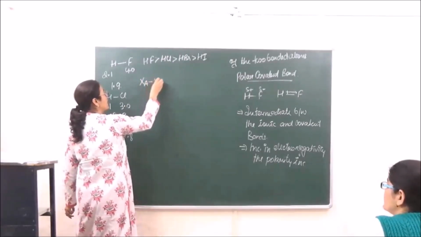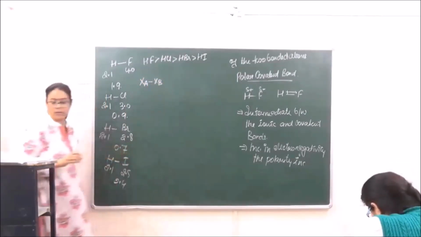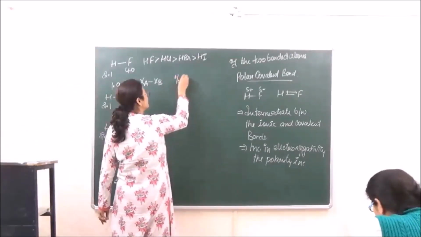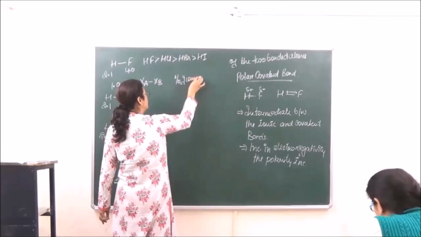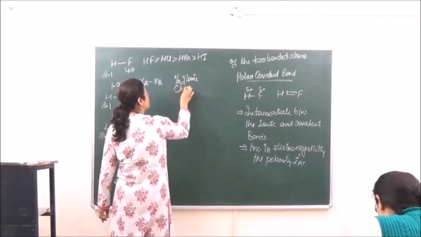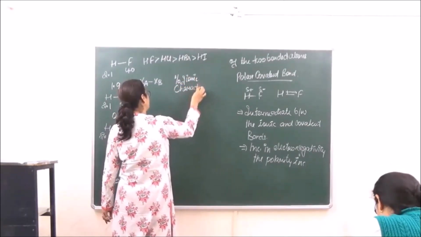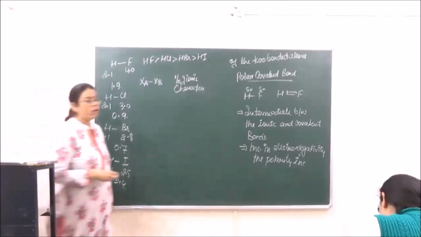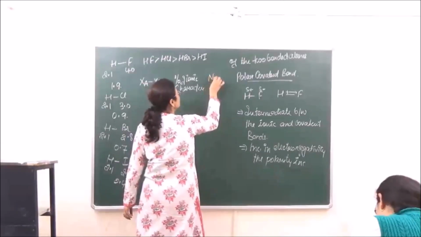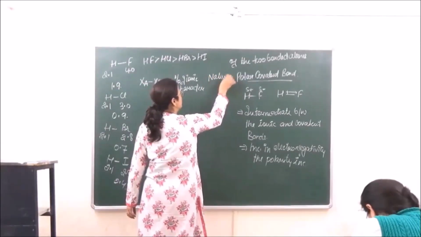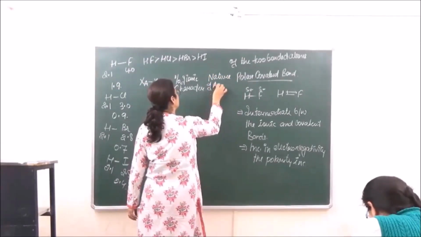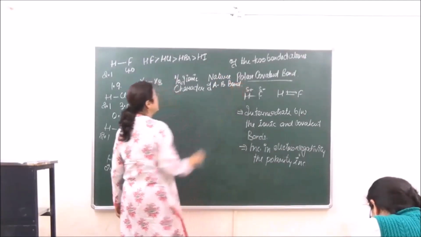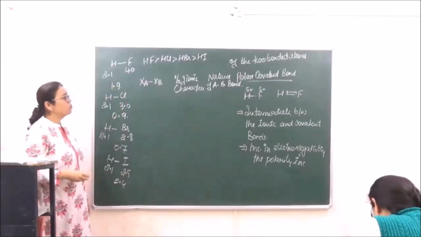XA minus XB gives the electronegativity difference, then the percentage of ionic character and the nature of the AB bond. All of these are interlinked. Let's see a few examples to make this more clear.